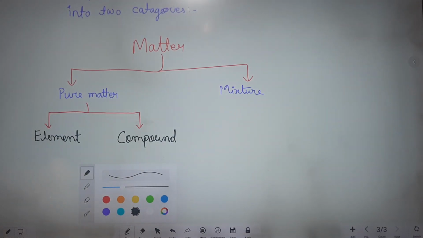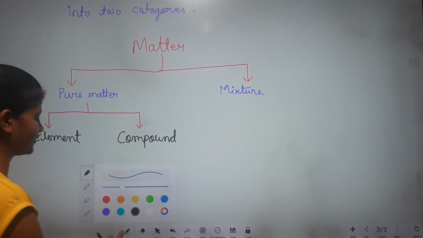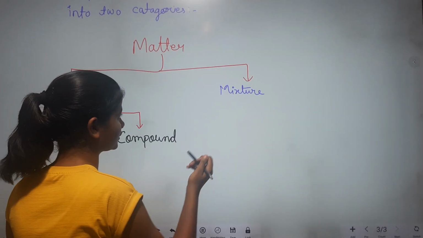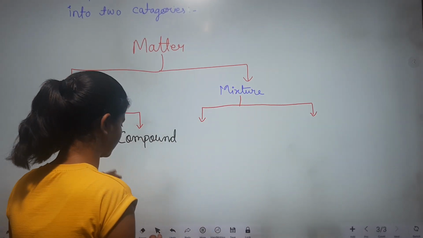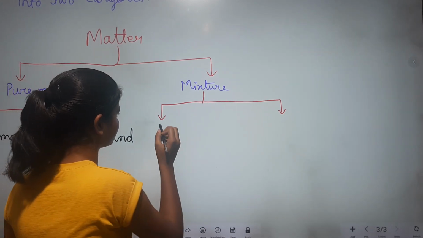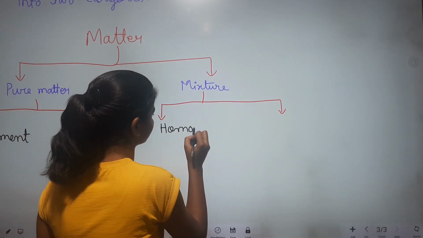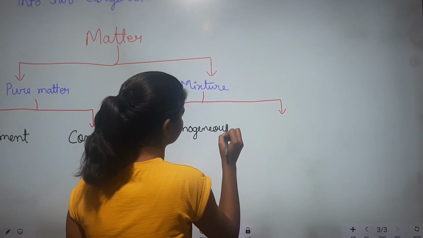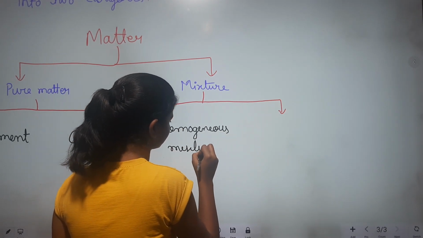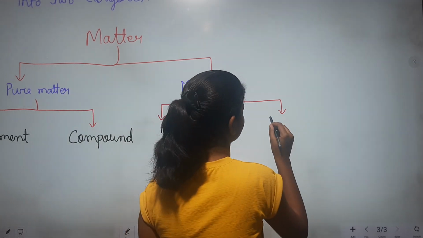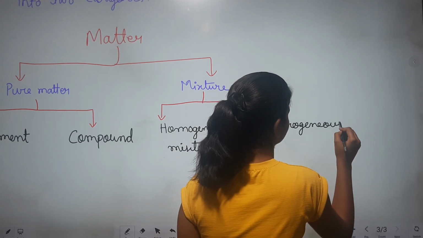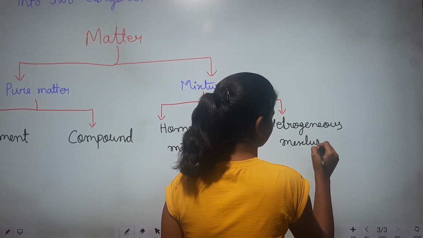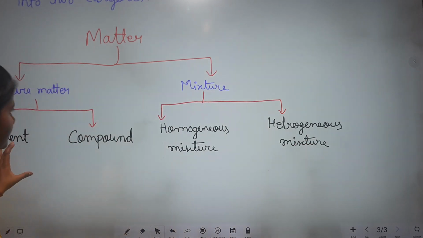And mixture is also divided into two kinds. First one is homogeneous mixture and second is heterogeneous mixture.